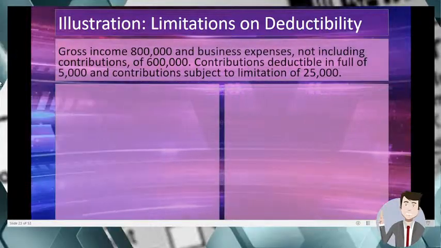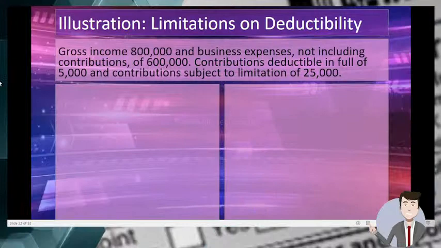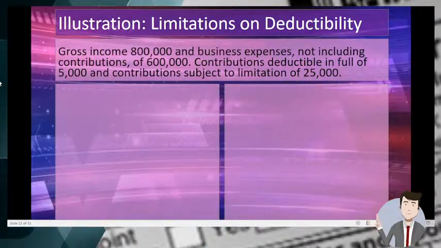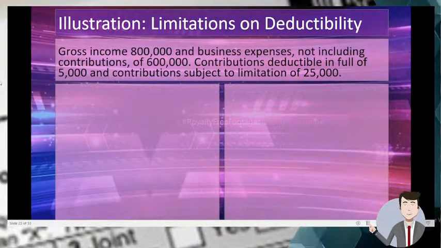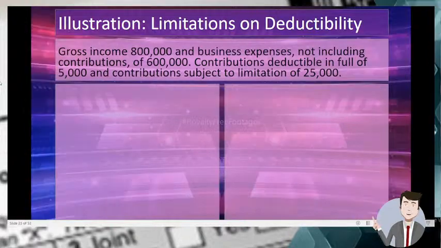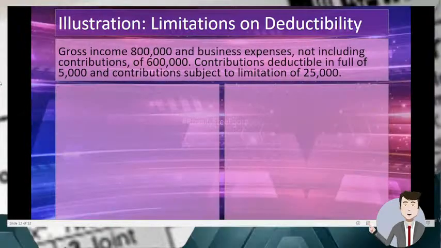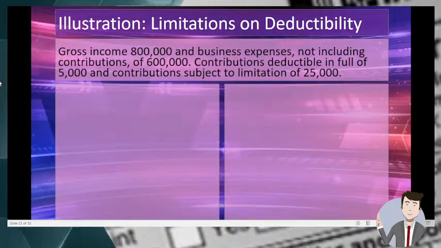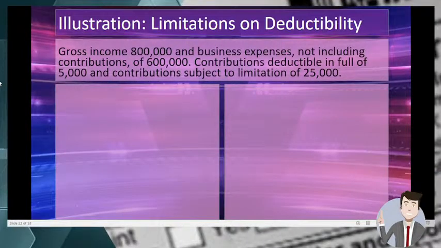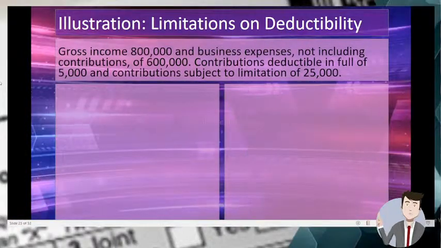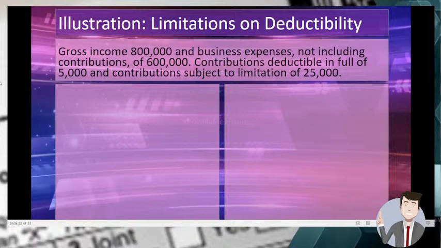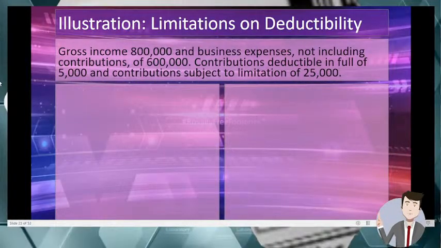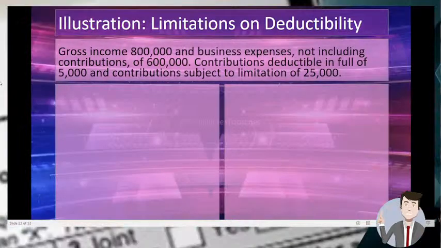Take note guys, the 5,000 may have been donated to the Republic of the Philippines or its instrumentalities, and the main purpose of that contribution is the advancement of science and technology, so that makes the 5,000 deductible in full. So no question, you are allowed to deduct from your gross income the amount of 5,000.